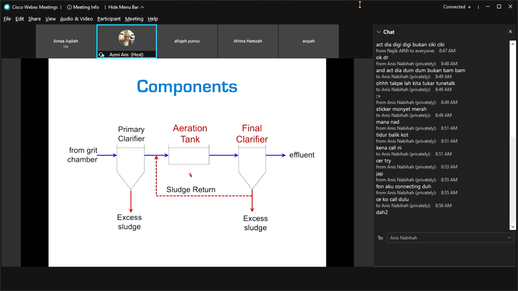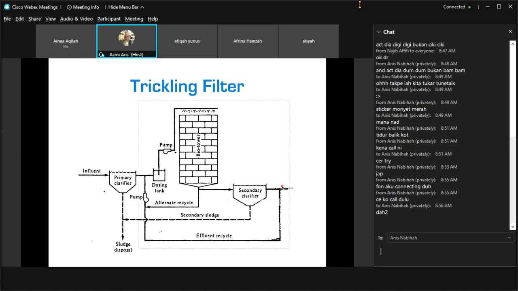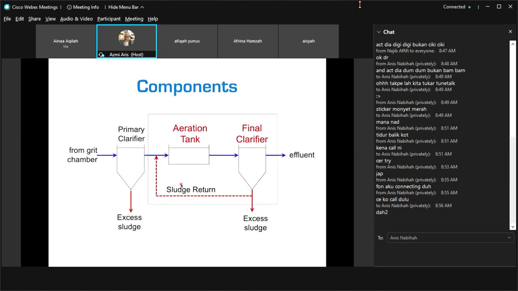Okay, this is the component of activated sludge system, which we discussed last time. You have aeration tank and clarifier. So for trickling filter, we have this trickling filter or bio tower part, and then you have secondary clarifier. So again, last time, aeration tank, and then final clarifier.